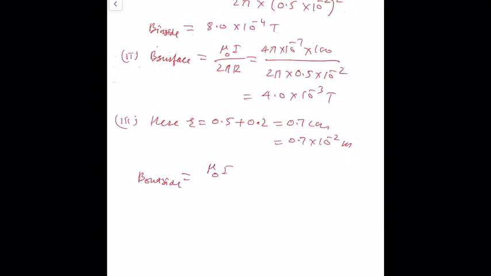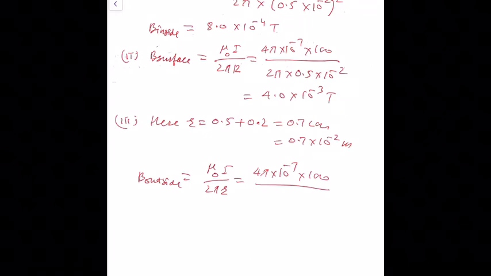So B outside is equal to mu naught I upon 2 pi r. Put the value 4 pi into 10 to the power minus 7, into I 100, upon 2 pi into r 0.7 into 10 to the power minus 2. After calculation we will get 2.86 into 10 to the power minus 5 Tesla.